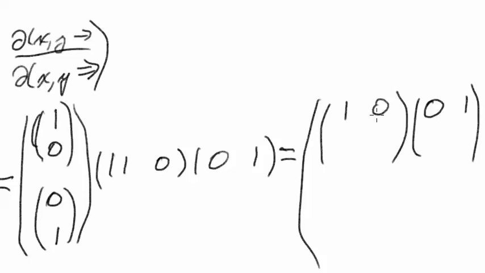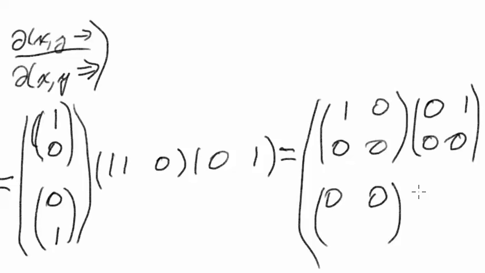So that is 1, 0, 0, 1. Then the second row is 0 times everything, so it's just going to be 0, 0, 0, 0. The next row is 0 times 1, all zeros again. And the last row is 1, 0, 0, 1.